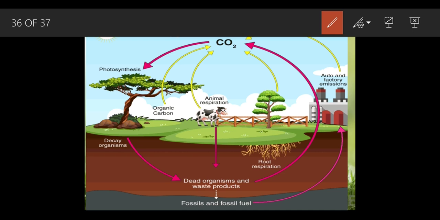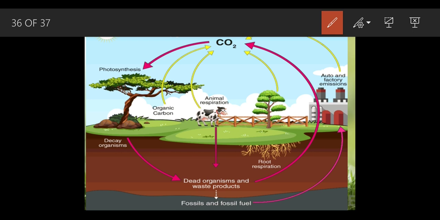What does this pink color indicate? This pink color indicates that carbon dioxide is taken in. What does this yellow color arrow indicate? These yellow arrows indicate that carbon dioxide is released. So just see this diagram perfectly, you will understand this.